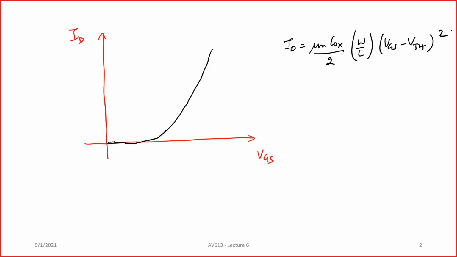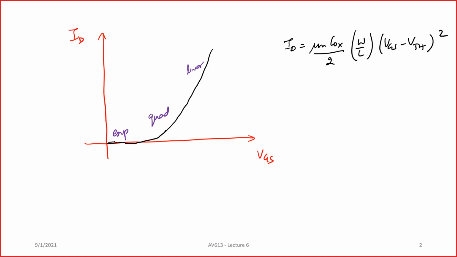Now, inherently, the relationship between the voltage and the current in this equation is a nonlinear relationship. That is something we can all agree on. Although this is a very simplistic equation, we have already seen that here it is exponential in nature, here it is quadratic, and here it becomes more linear in nature.